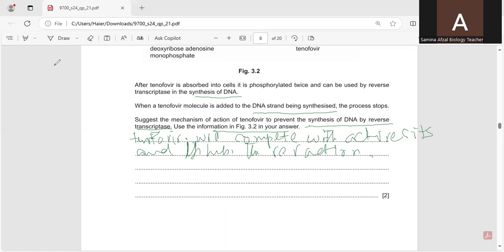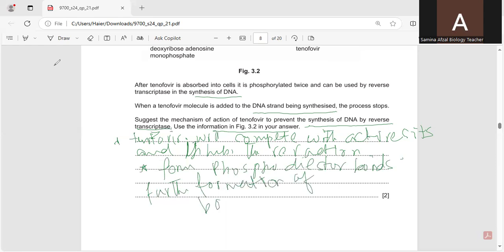It will also make a phosphodiester bond, and it will stop the further formation of phosphodiester bonds. So further formation of bonds will stop. In other words, you can say the reaction will stop.